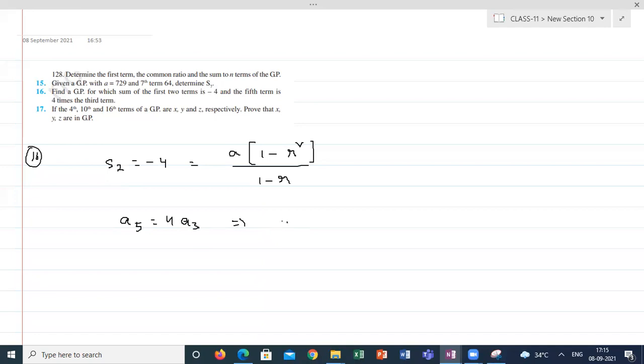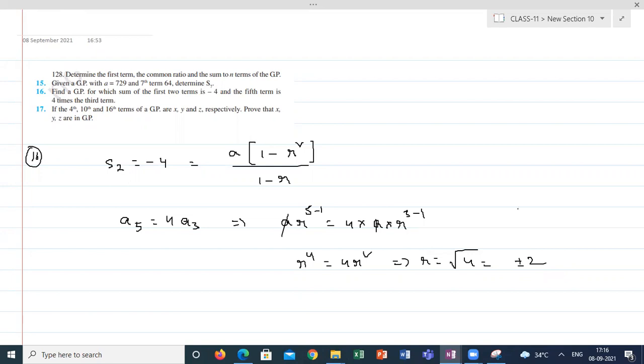From here, I can write A into R power 5 minus 1 equals 4 into A into R power 3 minus 1. A cancels, so R power 4 is equal to 4 R square. So R is the root of 4, that is plus or minus 2.